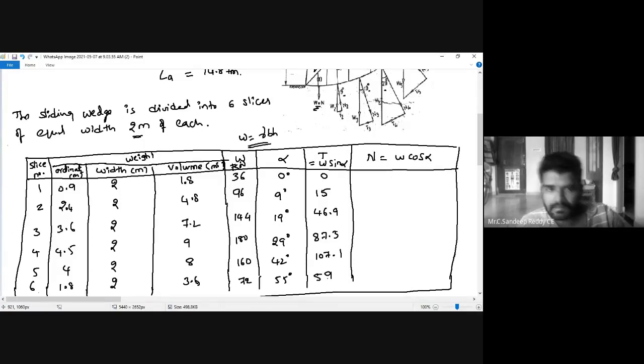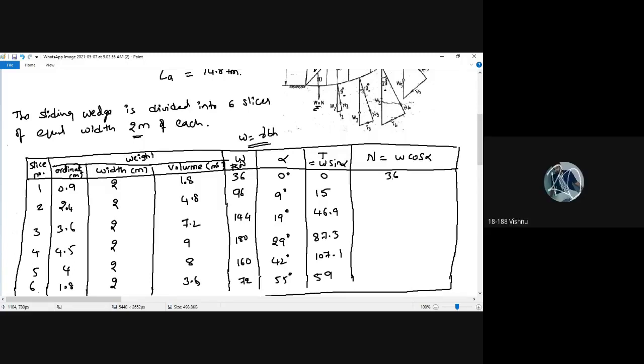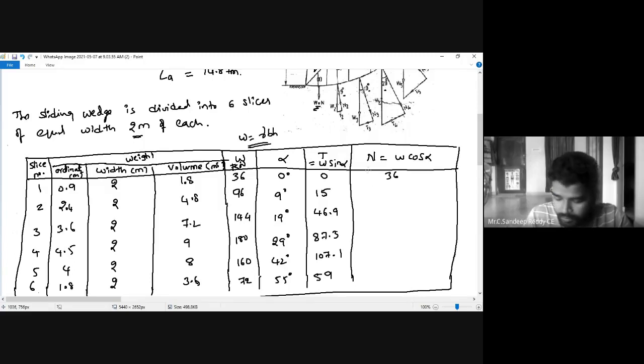Then N values. W cos alpha. 36 into cos 0. Obviously 36 only, right? Cos 0 is 1. The second one, 96 into cos 9 degrees. 94.81.